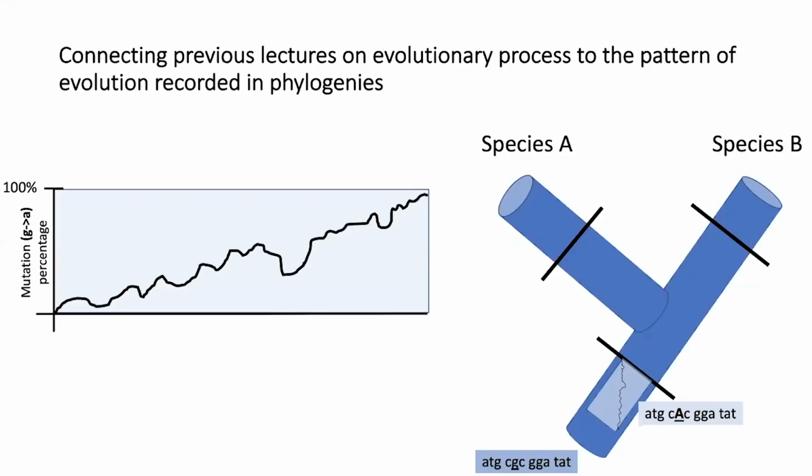And so when you look at a phylogeny, you'll see hundreds or thousands of mutations spread throughout that phylogeny. That means that underneath all of that evolutionary pattern are all of these really intricate dynamics of mutation, drift, and selection, all combining together to create that evolutionary pattern. So just think about that when you think about the early lectures and these lectures and how those processes yield these patterns.